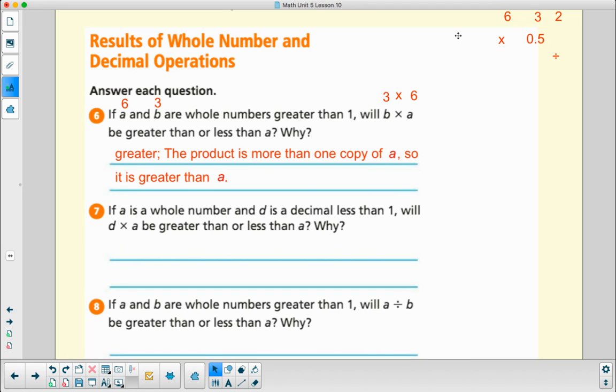If A is a whole number, so A is going to be 6, and D is a decimal less than 1, so D is going to be 5/10.